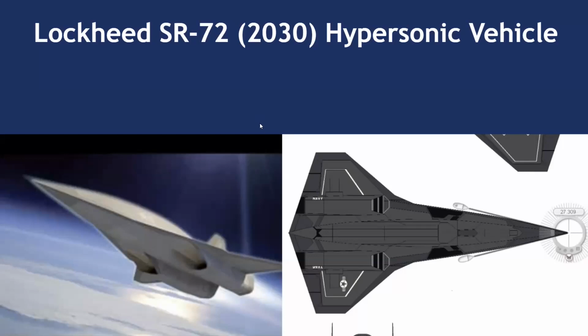And then finally, here is an SR-72 from Lockheed. This is under development and is estimated to be put into service in 2030. But this is a Lockheed prototype. And now you can see that the Universal Phi Scaling geometry is showing up, at least in the underside of this vehicle.